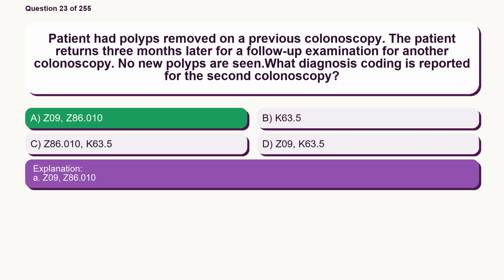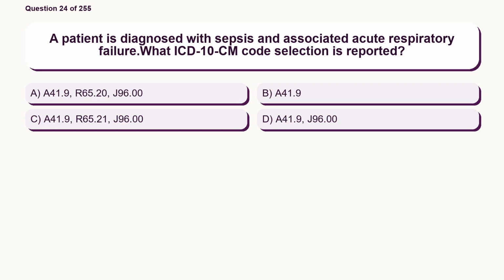A, Z09, Z86.010. Question 24. A patient is diagnosed with sepsis and associated acute respiratory failure. What ICD-10-CM code selection is reported? Option A, A41.9, R65.20, J96.00. Option B, A41.9. Option C, A41.9, R65.21, J96.00.